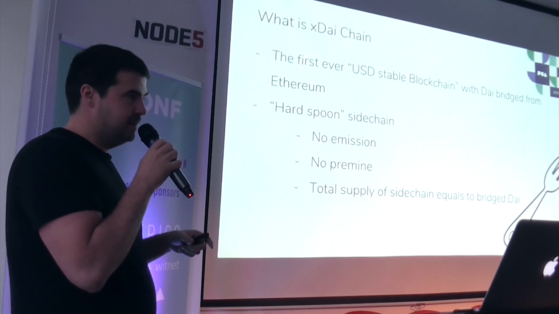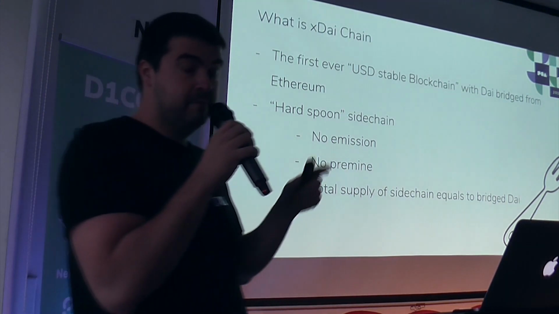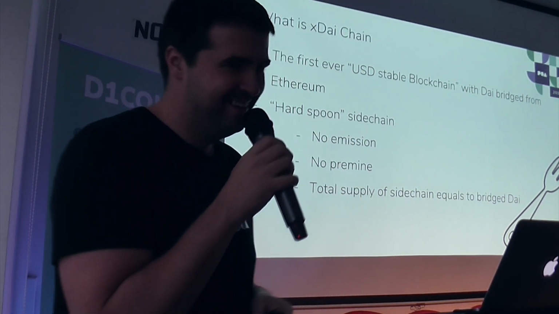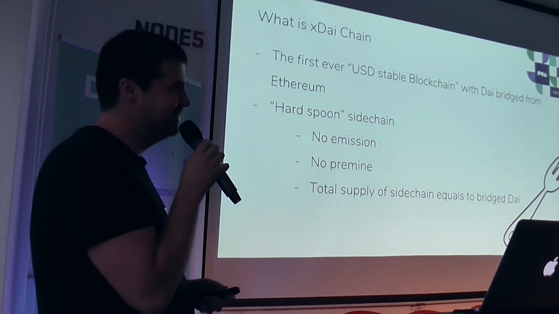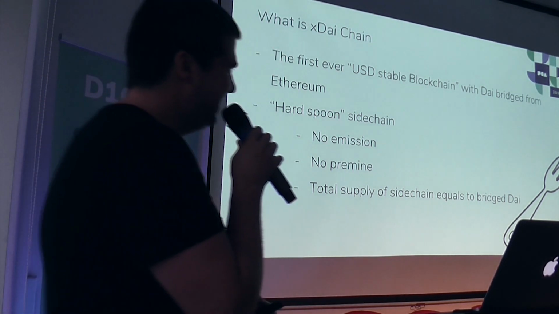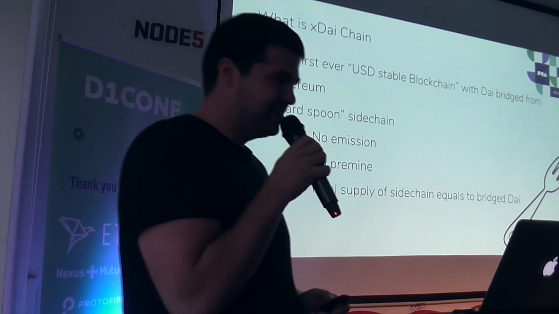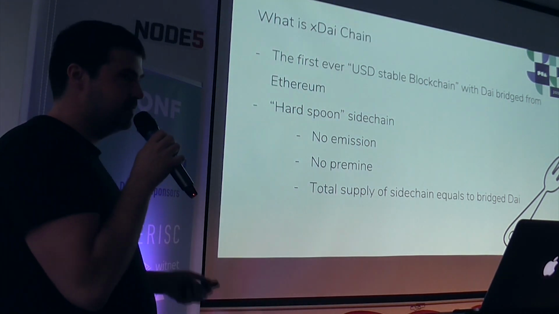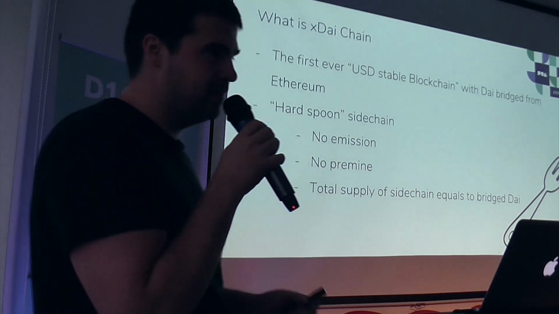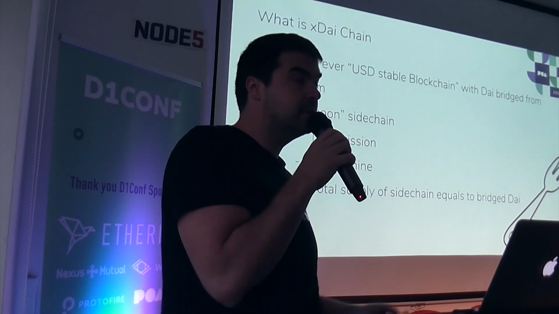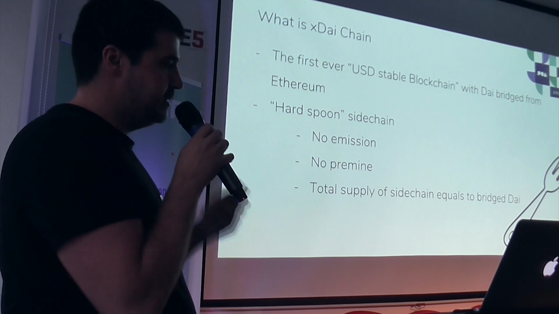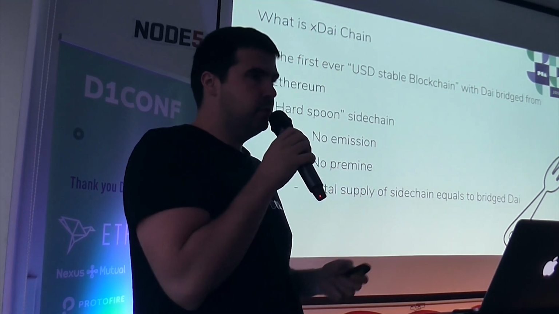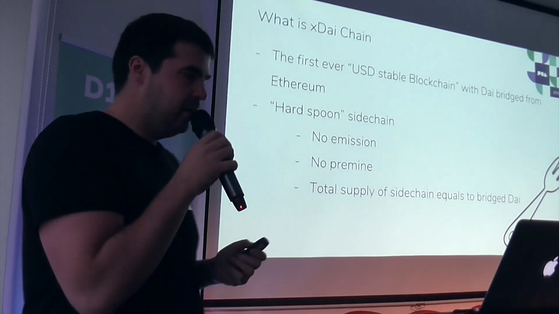And this blockchain has DAI as a native token. So it means all computations on this platform are denominated in US dollars, all balances in US dollars, platform usage in US dollars. And this chain launched in a mode which we call hard spoon.